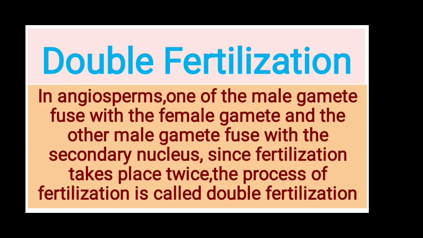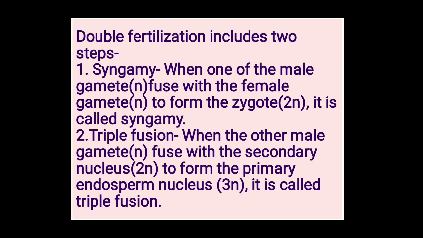So in case of angiosperms, one of the male gametes fuses with the female gamete and the other male gamete fuses with the secondary nucleus. Since fertilization takes place twice, the process is called double fertilization. So in case of double fertilization, generally two steps take place.